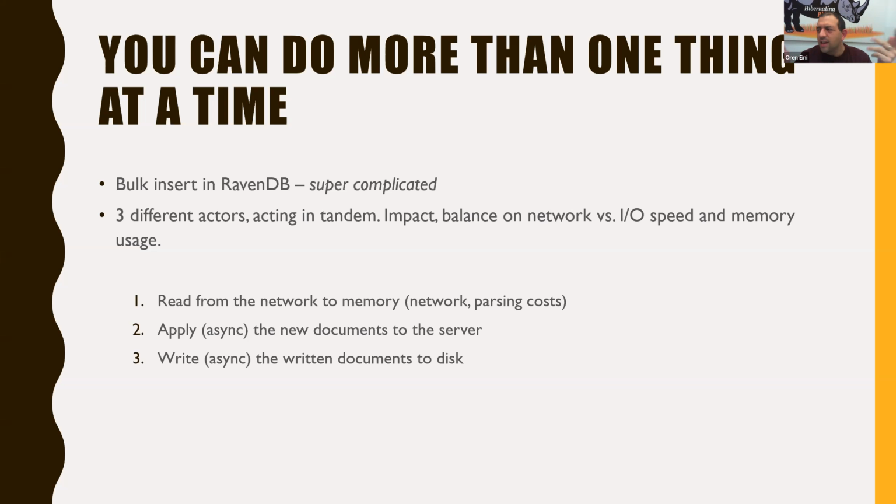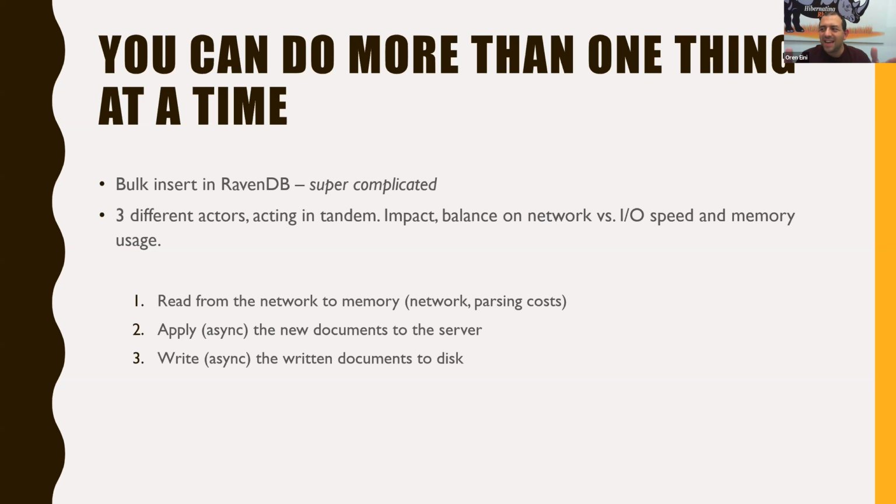Why? Here's why. I'm running on a cloud instance. I'm starting to insert 10 million records. What's going to happen now? Well, it's very simple. I'm going to get some data, write it, get some data, write it, and no one is happy.